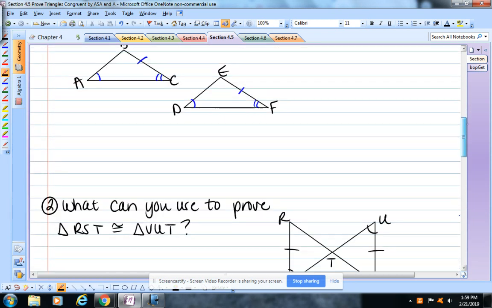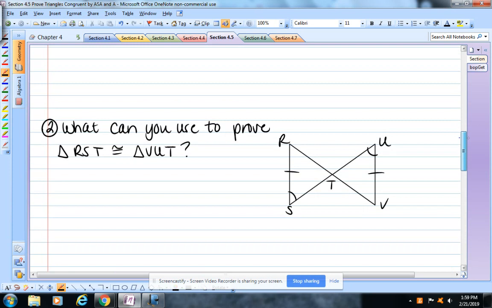So, which relationship or what method would we use to prove that triangle RST is congruent to triangle VUT? Now, it doesn't say to prove it. Okay, so this is not a proof. It's just an example.